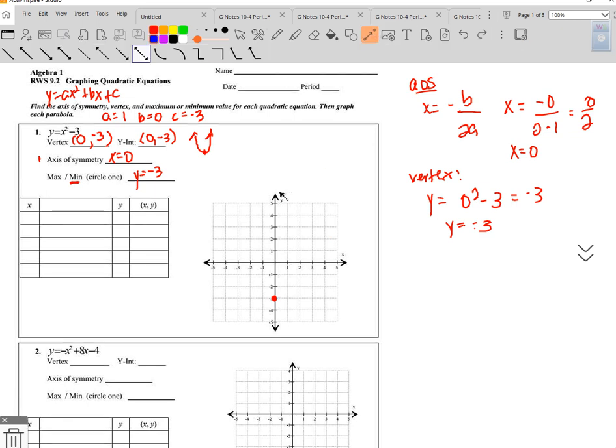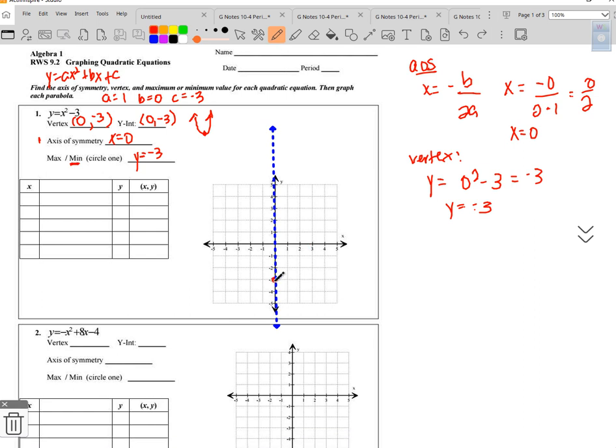On your test, make sure you're always sketching in your axis of symmetry, and that's going to be a dotted line through the vertex. Remember, the vertex is 0, -3, as is the y-intercept here. So now we only have 1 point, we need 5 points. So this is where we're going to use 1 and then probably 2.